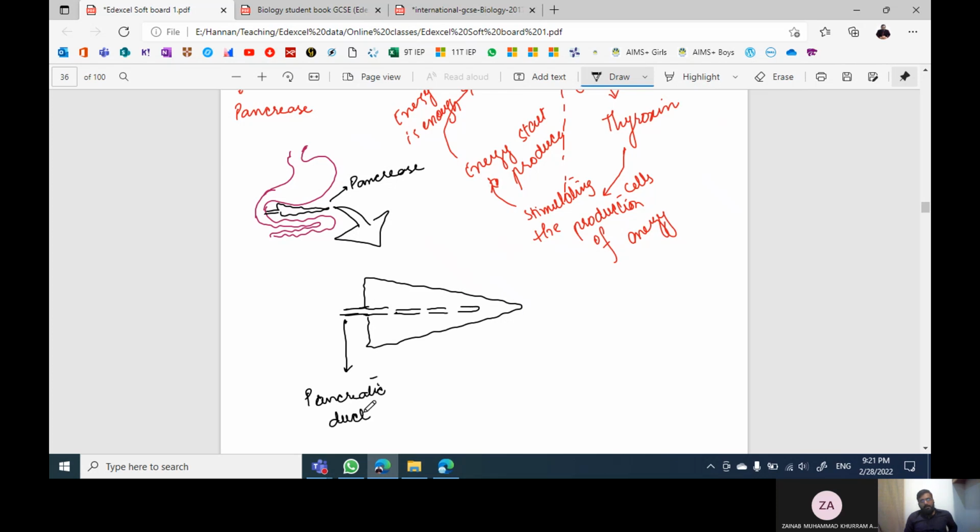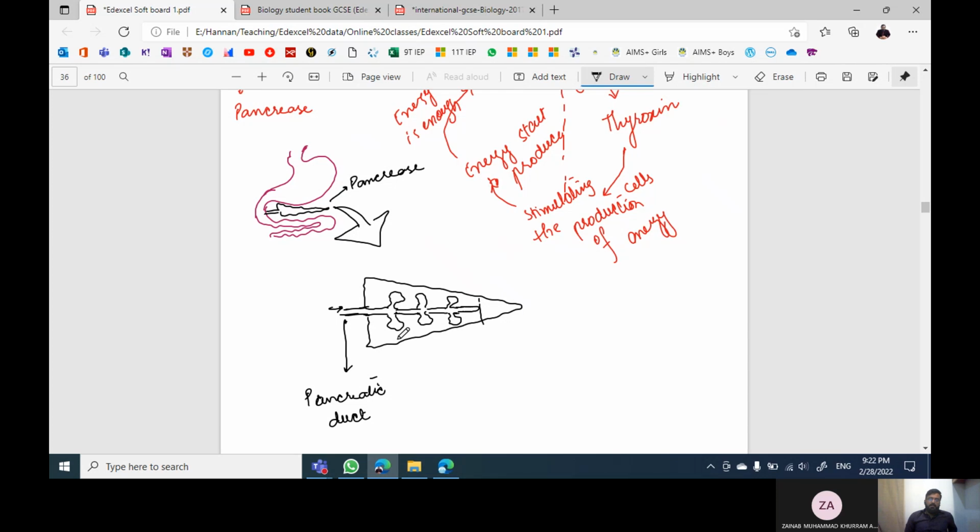Along with this pancreatic duct, there are some sac-like structures present just beside it. The pancreatic duct enters from here and proceeds till here.